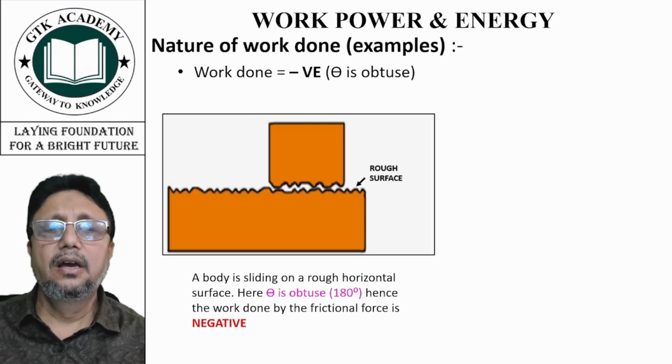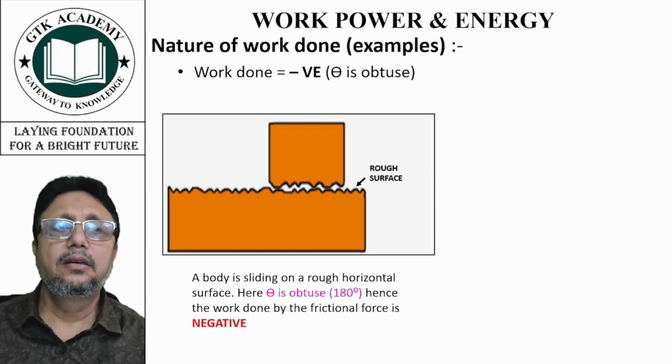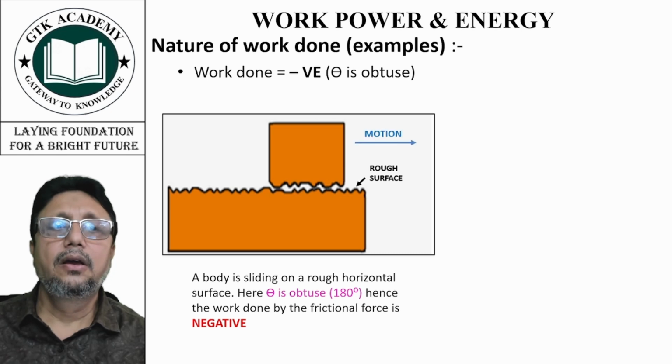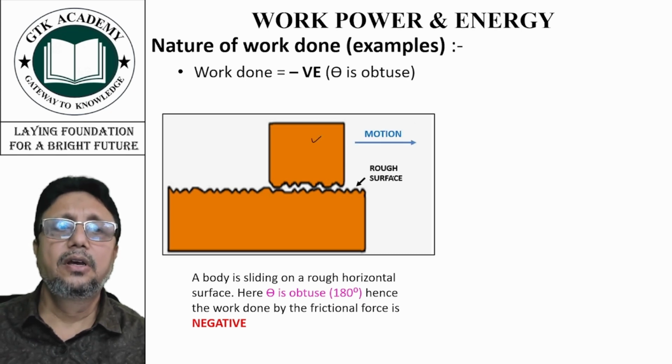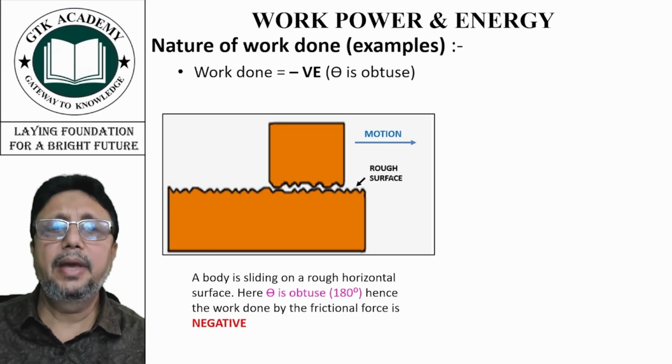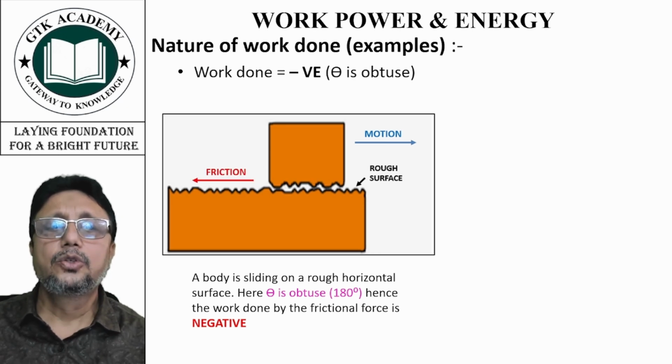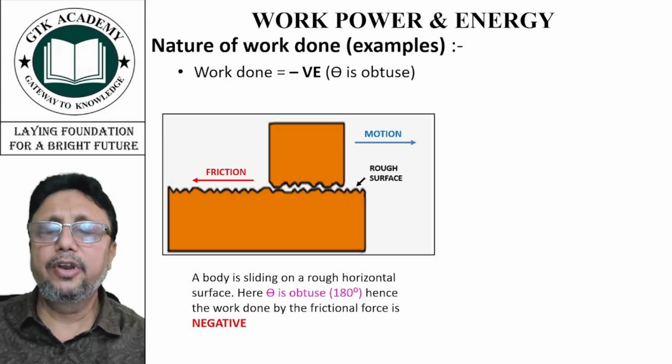You just see here. This is a rough surface, and these are two bodies, and this body is under motion going in this direction. Now the force of friction will be opposing it. So the displacement is happening in the opposite direction to force, which is friction here.